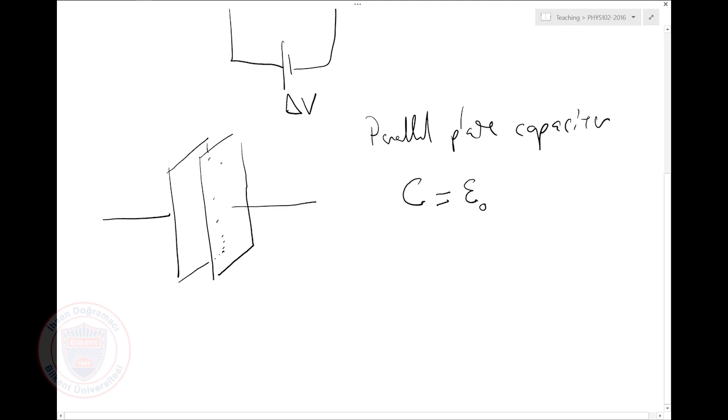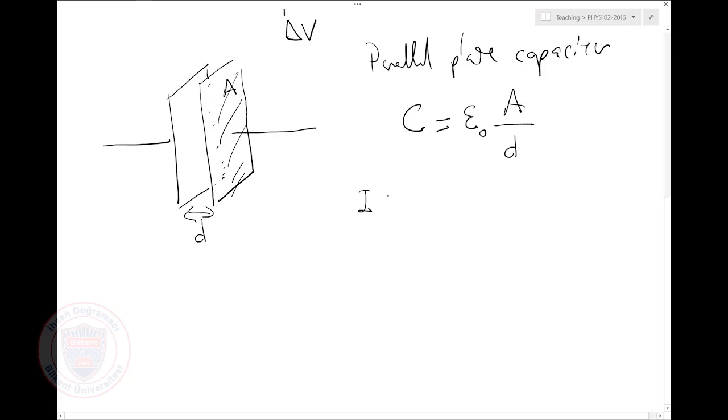It's proportional to the surface area of the capacitor and inversely proportional to the distance d between the plates. Right? So if I want to store more charge, we can either make A greater or d smaller. These are the two strategies we have.